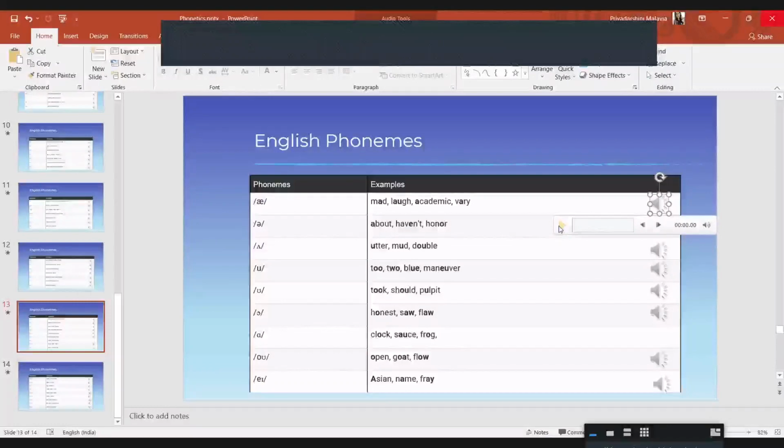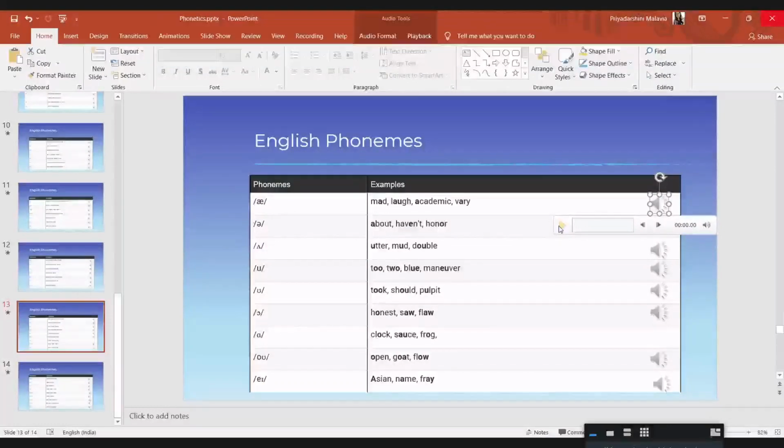Now here is where the subjectivity of accents comes in. The way we pronounce academic in India is different. Yes, ma'am, exactly. As I said, accents and pronunciations are very subjective.